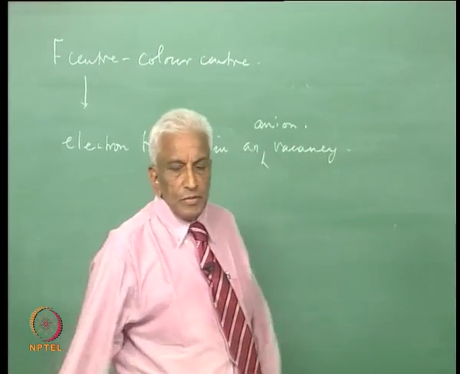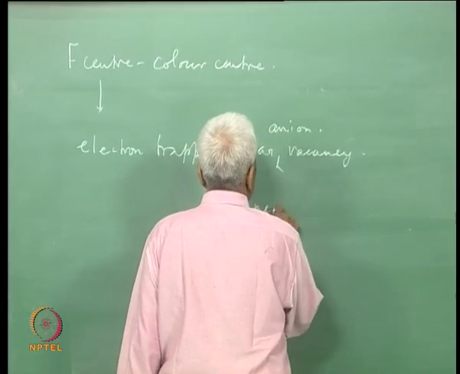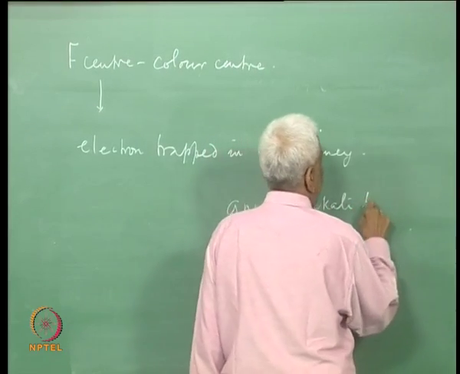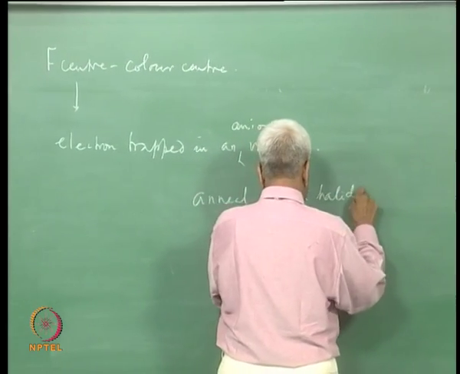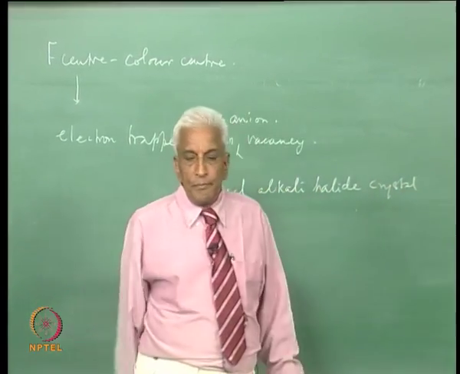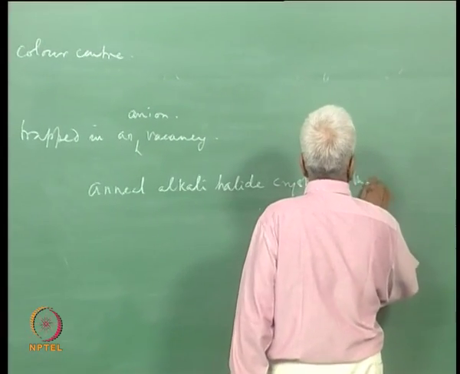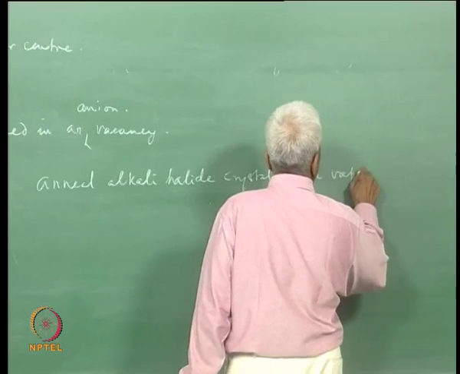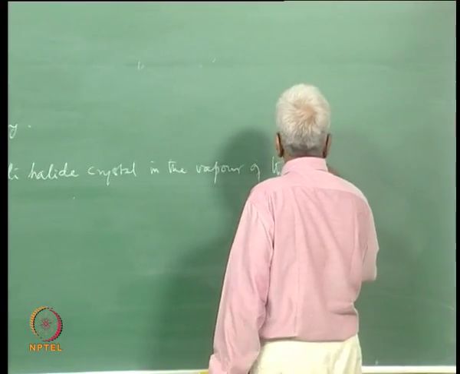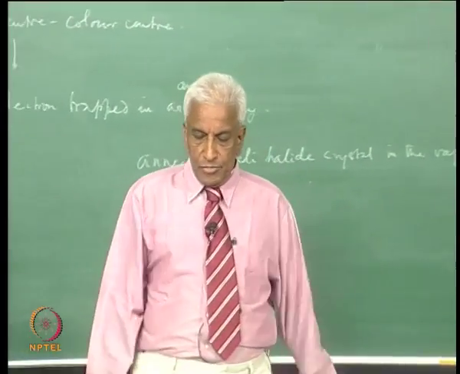Suppose we do this by annealing the alkali halide crystal in the vapor of the metal. If it is KCl, the vapor of the K, the potassium.